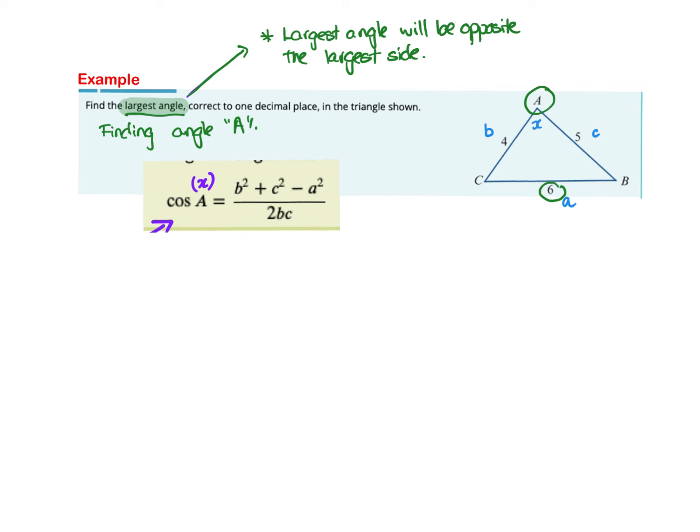So when I substitute into this formula, I'm going to write cos x, where A is what I want to find out. Now b is 4, but it's squared, so 4 squared plus 5 squared minus 6 squared over 2 times 4 times 5, okay?